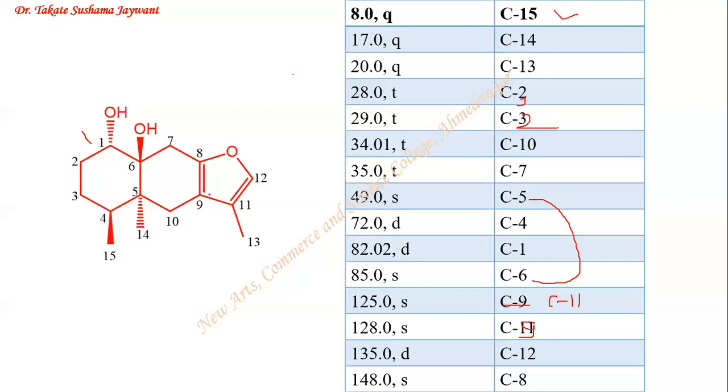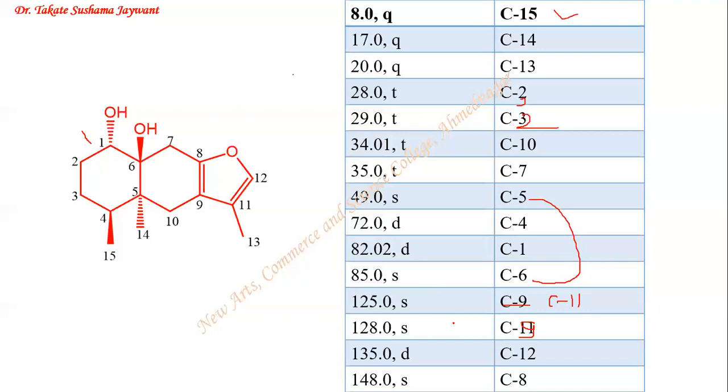C9 will be more deshielded because it is attached to CH2 and the other is attached to CH3. Other thing is that here C12 is CH and this is quaternary. So C9 must be more deshielded and it is 128.0, while 125.0 singlet is corresponding to C11 carbon atom.